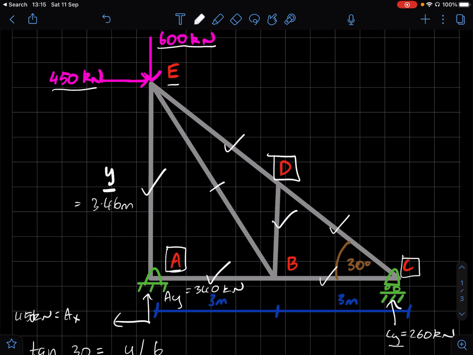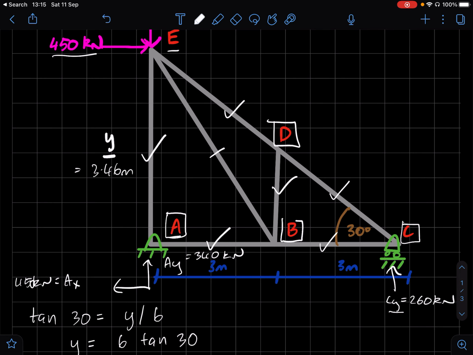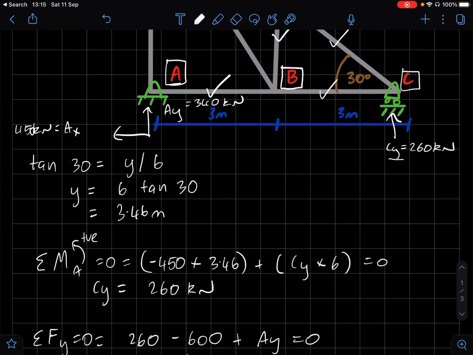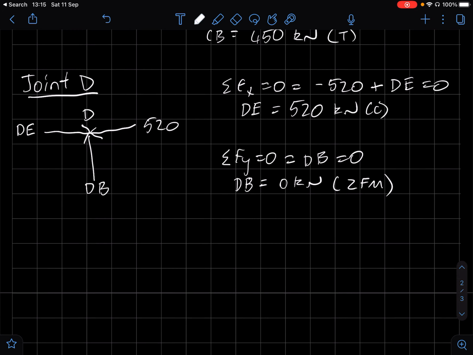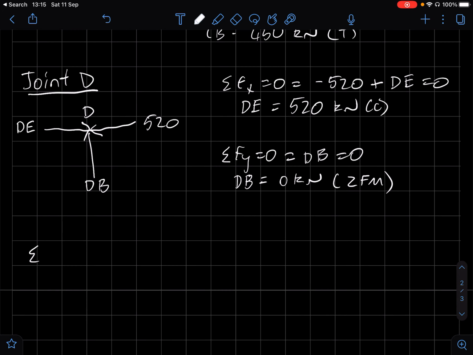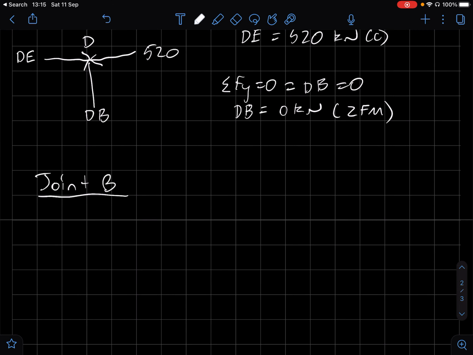And if we do the free body diagram of B, we should be able to solve for BE. Let's draw the diagram so we don't confuse ourselves. Joint B. So we have it going like that.